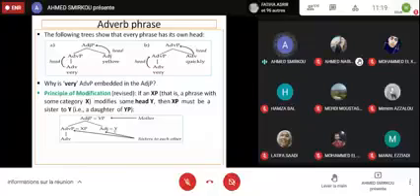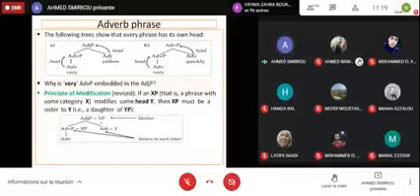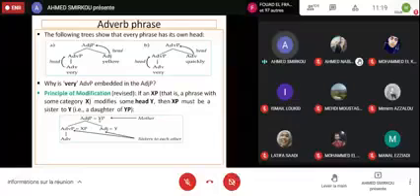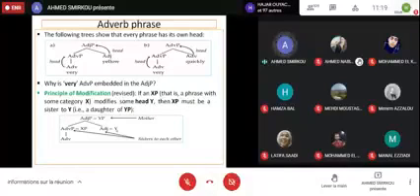P means phrase here and P means phrase here. Y is arbitrary. We can write M, we can write N, whatever. But Y here and Y here must be the same. If you write M here, then there should be M here, because this is the head of this phrase. So they must have the same letter, the same variable.